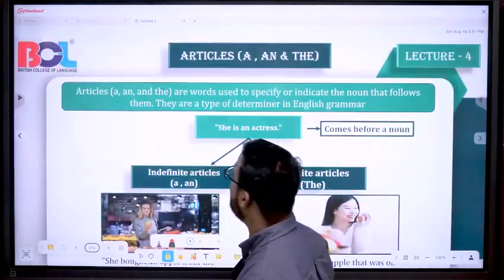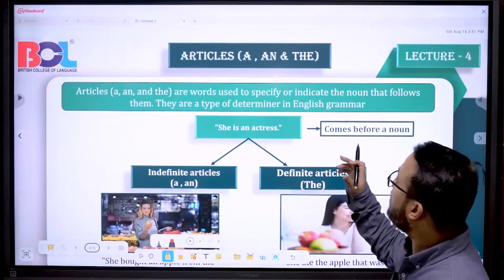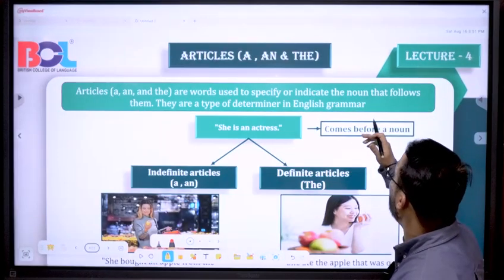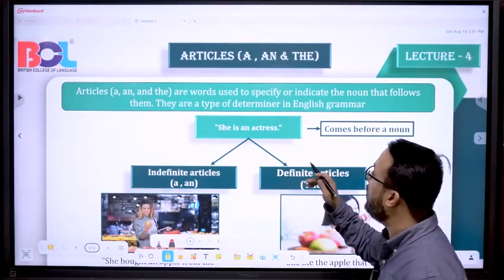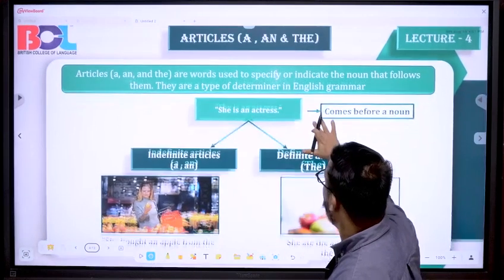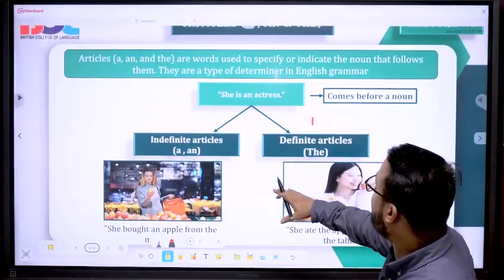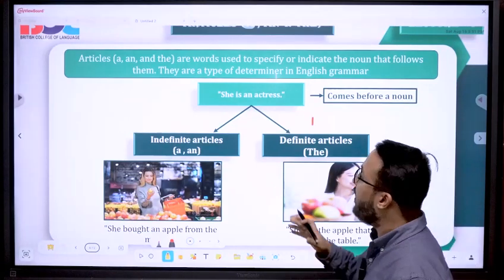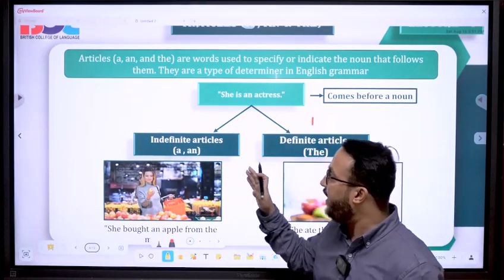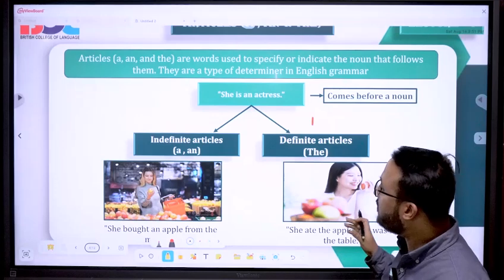Now, if we see further, articles are the words used to specify or indicate the noun that follows them. In this slide, there are two types of articles: indefinite articles and definite articles. Indefinite articles are a and an, and the definite article is the.